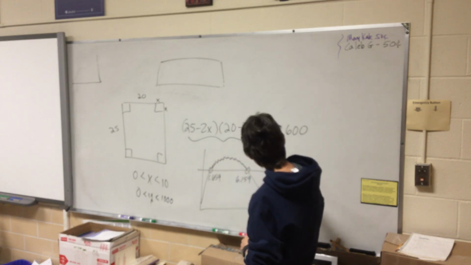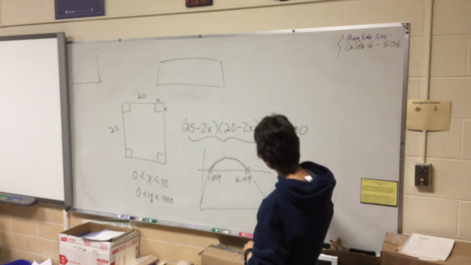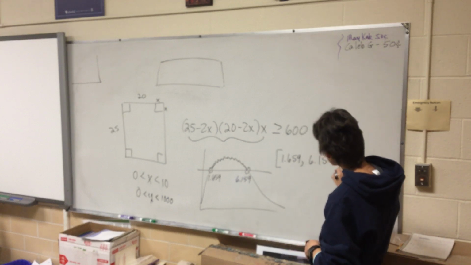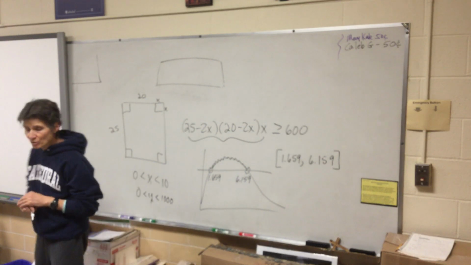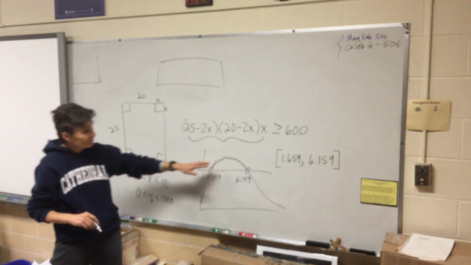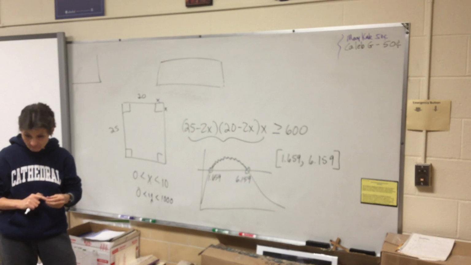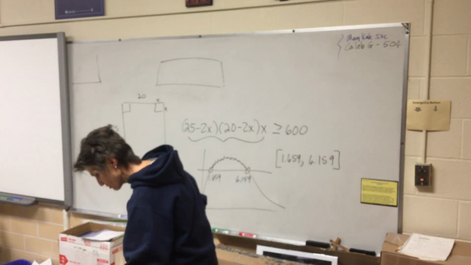So my x's have to be between 1.659 and 6.159. Would you agree that any x in that interval will give me a volume that's 600 or bigger? Be okay with that? All right, let's try the next one.